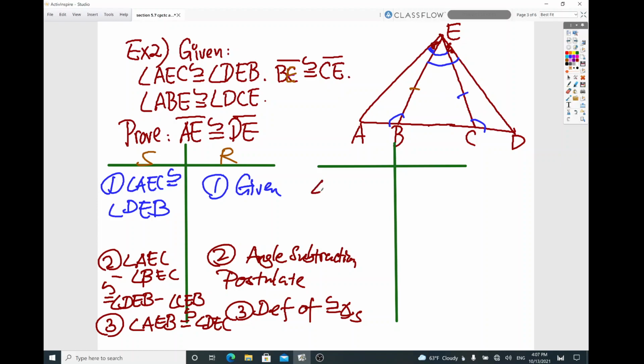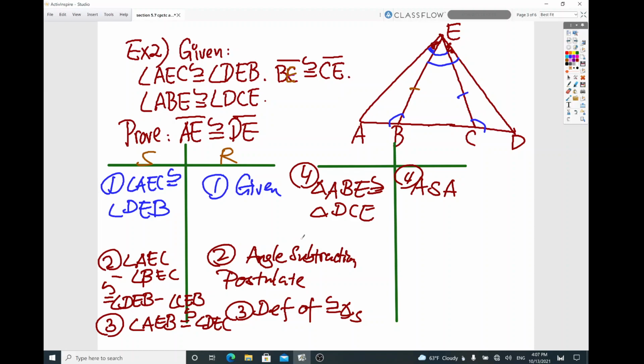Therefore triangle ABE is congruent to triangle DCE, and the reason is angle-side-angle. This will be statement number 4.